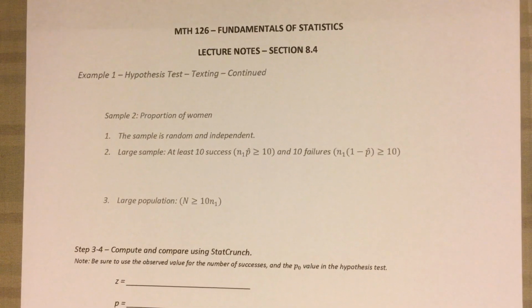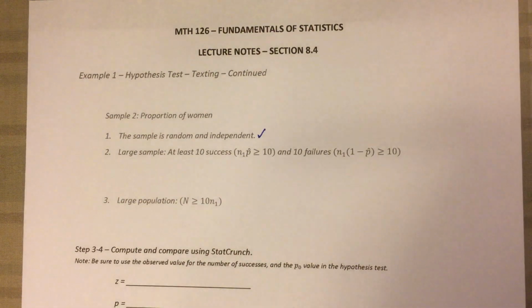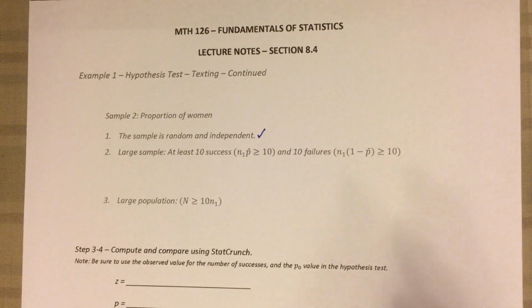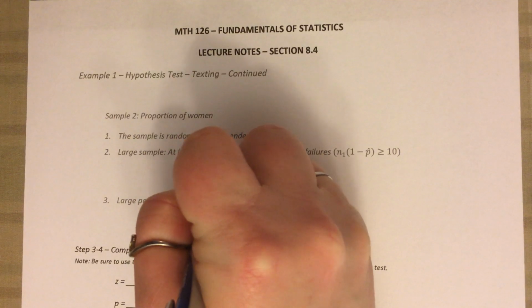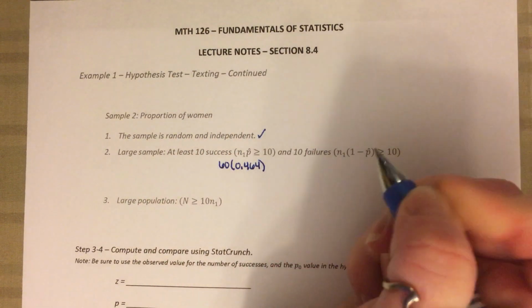Now we're going to check our conditions for our sample of women. Okay. So our sample is random and independent. Yes, we are told so. Now we're going to use our sample size for women, which is 60. So 60, we're still going to use the same 0.464.